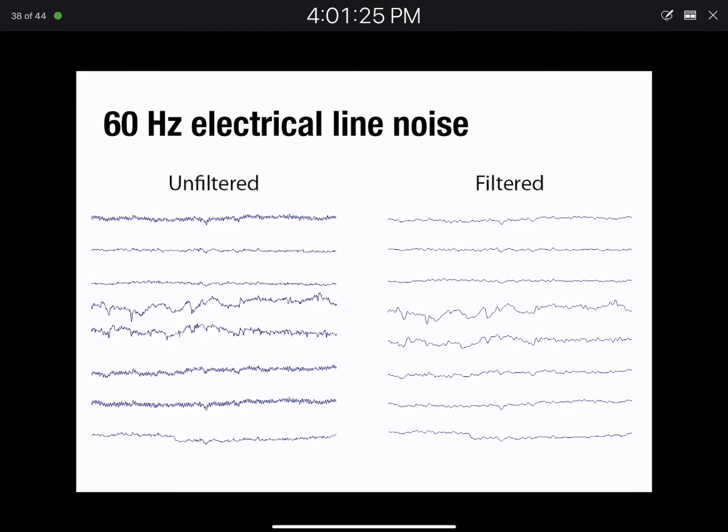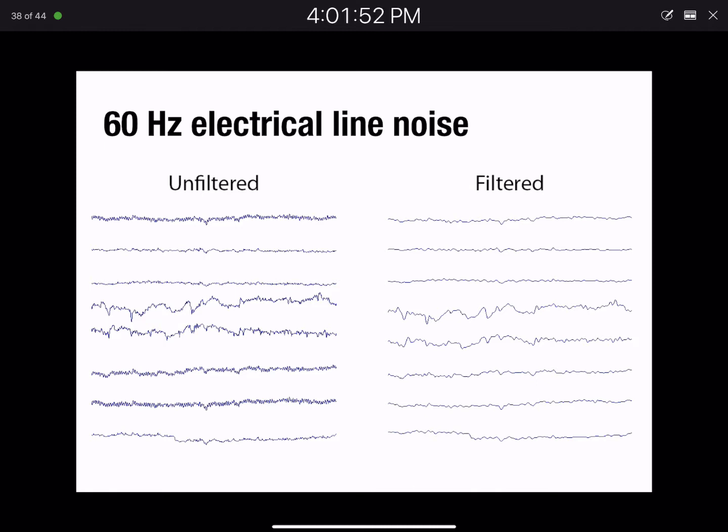There is human stuff above that, but usually it's not a focus in an experiment, certainly not in an ERP experiment. Here you can see the unfiltered data. This is the electrical line noise, high frequency, rapidly changing stuff. Halfway down on the left, you can see some more clearly EEG, some slower changing stuff, but the higher frequency stuff is riding on top of that.